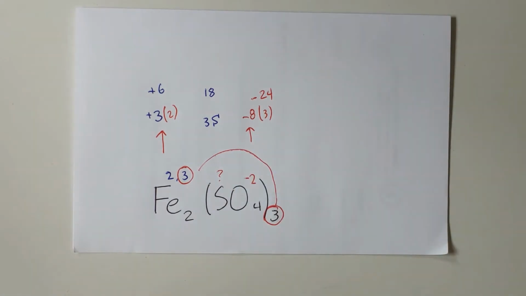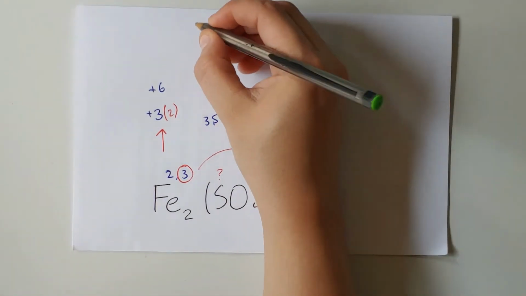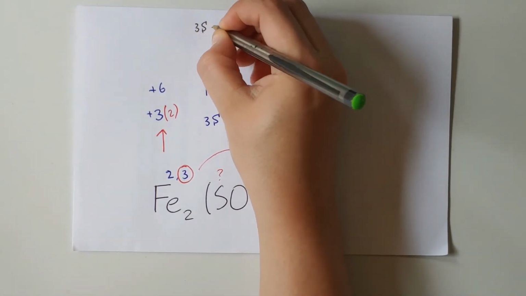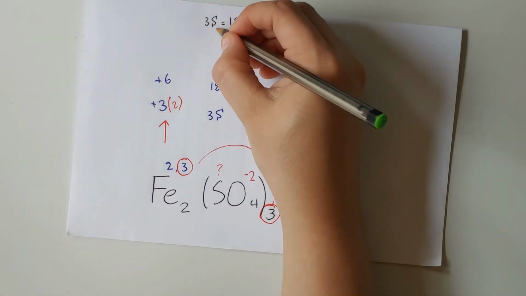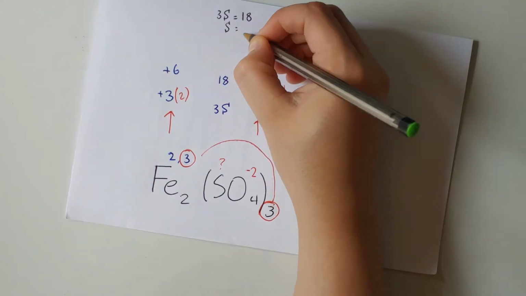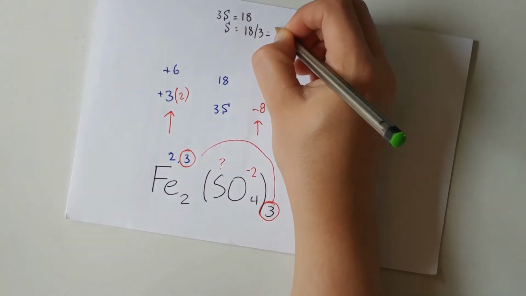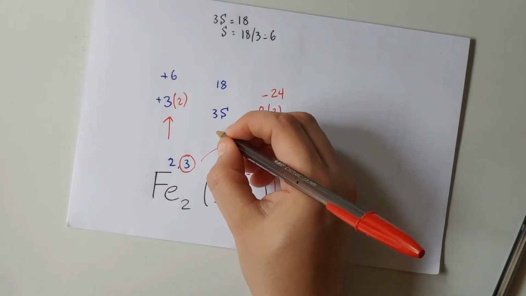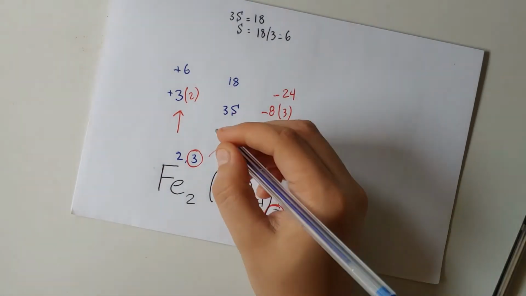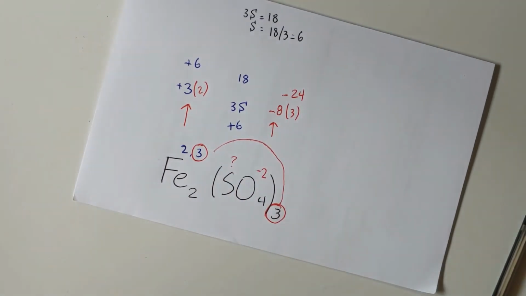So 3 times the sulfur is equal to 18, and to know how much just sulfur is, all I need is to divide by 3, which makes 6. In the end, the charge of the sulfur is +6.